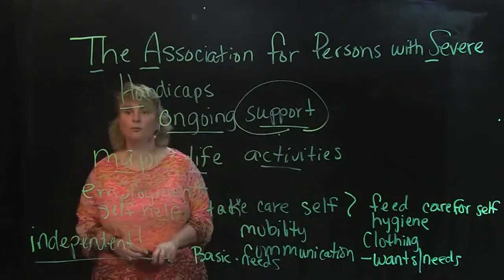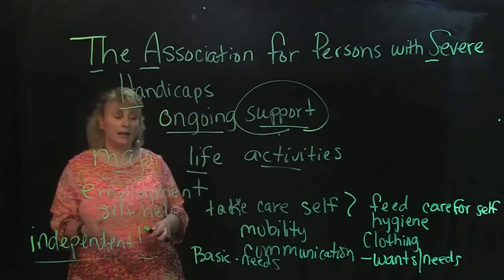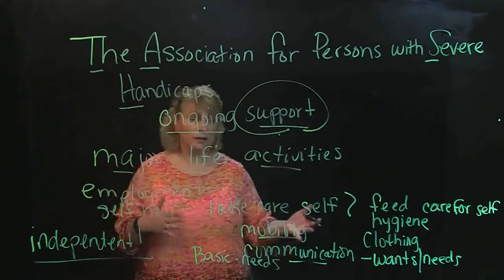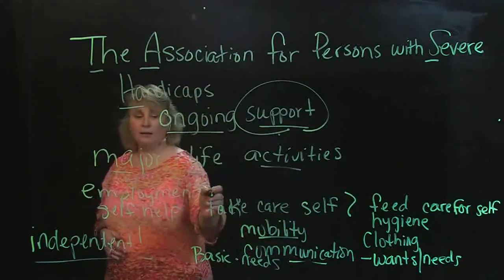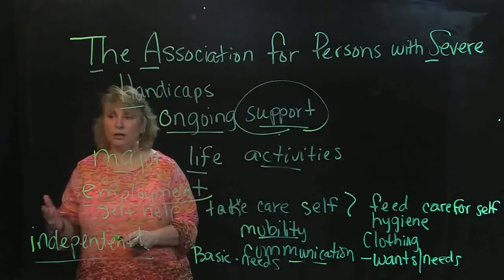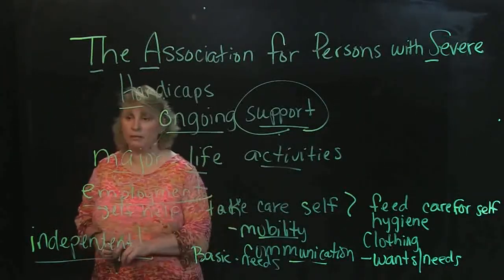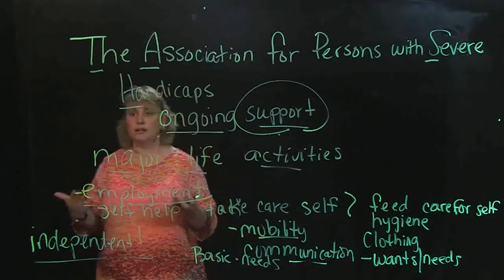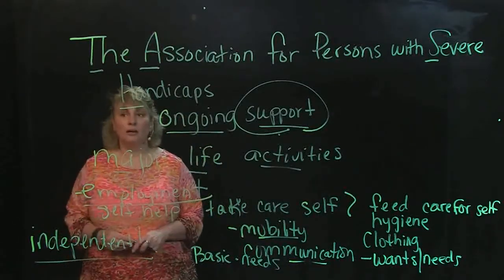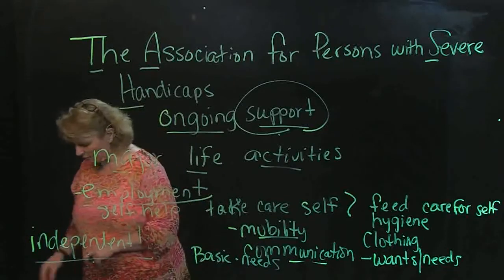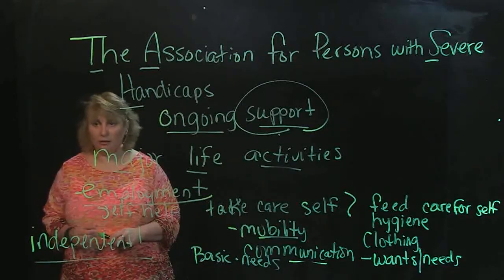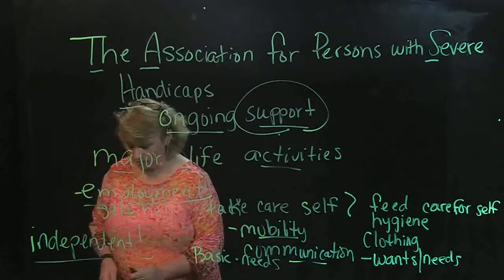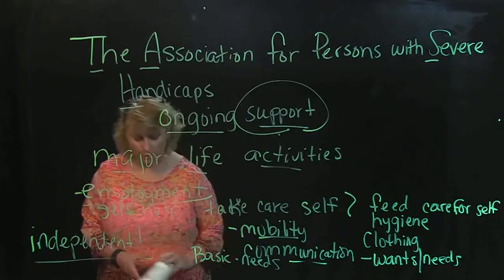And it's difficult for people to have these needs met if they can't communicate them, if they have difficulty moving around in order to meet them, and meeting employment skills. How do you meet those employment skills if you can't get there, if you can't get dressed, if you can't get up and feed yourself and clean yourself to get there? So everybody deserves to be able to do that. How about living independently? You want to live by yourself. You want to learn to live by yourself. These are parts of being able to be independent.